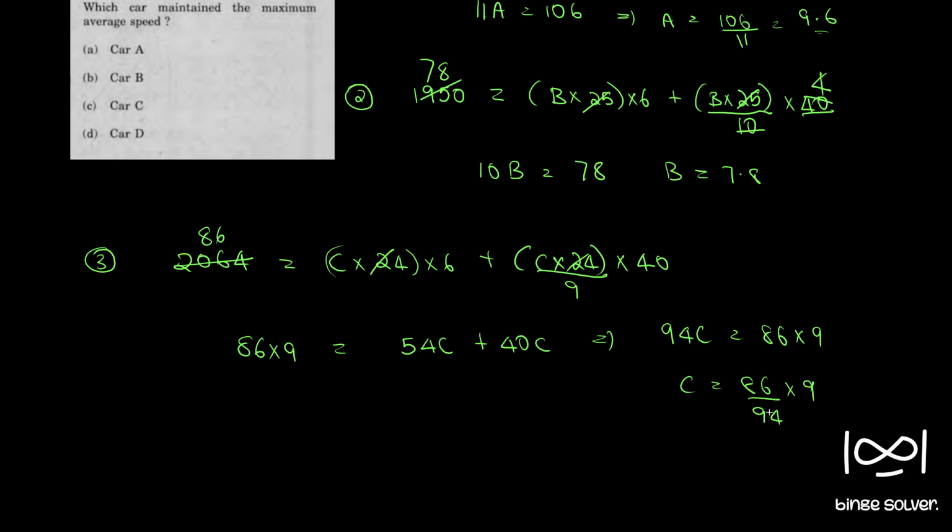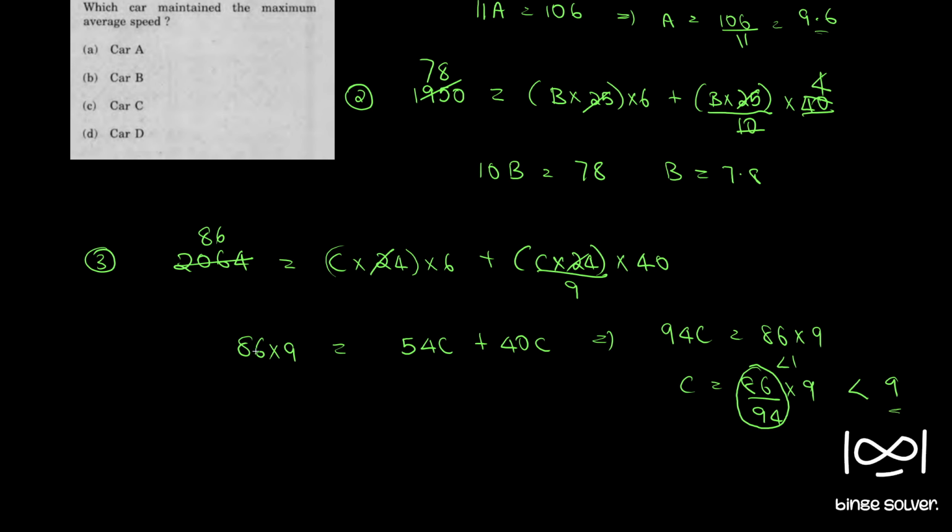We need not calculate this because this part is less than 1. Since a number less than 1 multiplied with 9 will give less than 9, and a is 9.6, c will be less than a. So we need not find that.